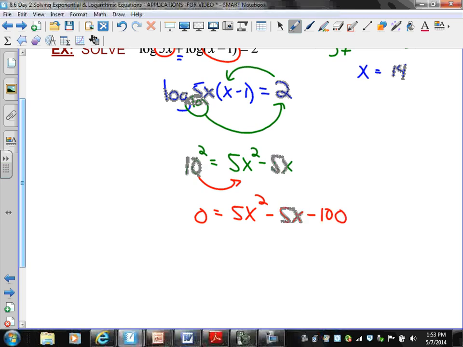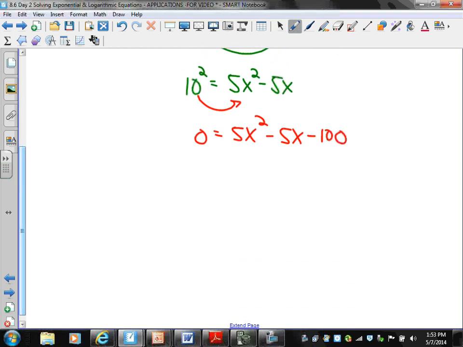Now we have a nice little quadratic that we can solve by prior techniques. I notice that everything is divisible by 5, so I'm going to divide both sides by 5 and get 0 equals x squared minus x minus 20. This is actually factorable.